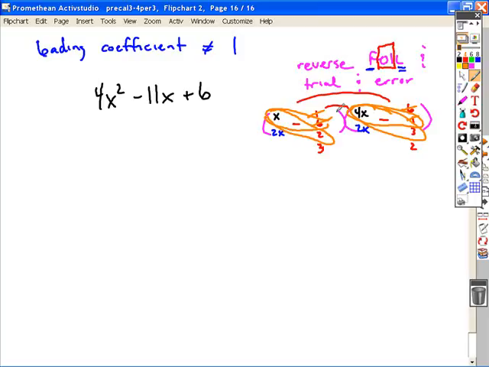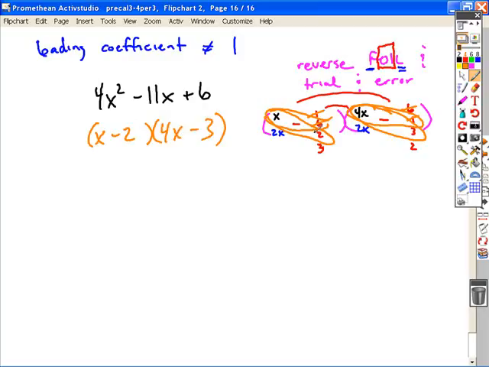So here's a negative 3x minus a 4x. Does that give you minus 3x and then a minus 8x. Sorry, does that give you a negative 11x? Yeah. So that one works. So your factors for this are going to be x minus 2 and 4x minus 3.